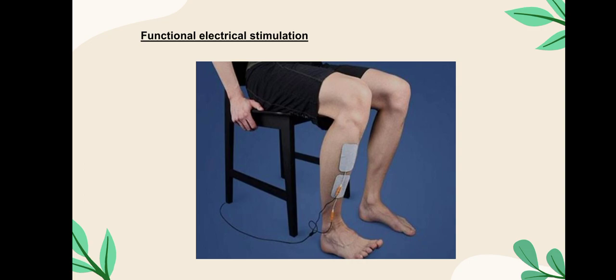So this is the difference between functional electrical stimulation and neuromuscular electrical stimulation. In functional, movement occurs involuntarily during the electrical stimulation, and in neuromuscular electrical stimulation, we have to perform the movement after the electrical stimulation is done.